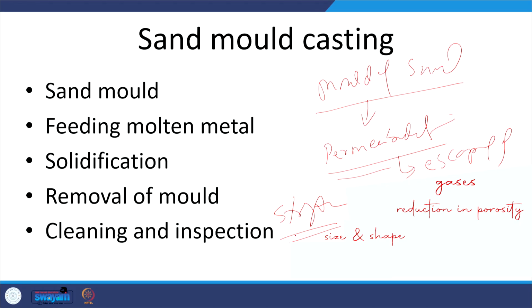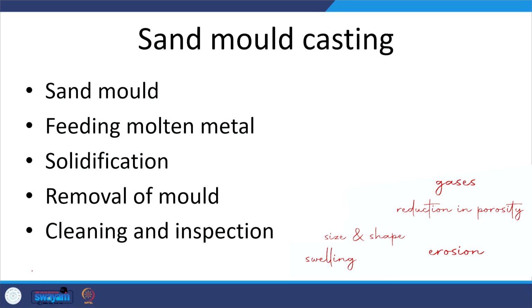Otherwise, these can get modified due to swelling, or the movement of the mold walls under the metallostatic pressure of the molten metal, or the shape and size can also change due to the erosion caused by the flow of the molten metal. So, if these characteristics are good, then we will be able to have a sound casting.